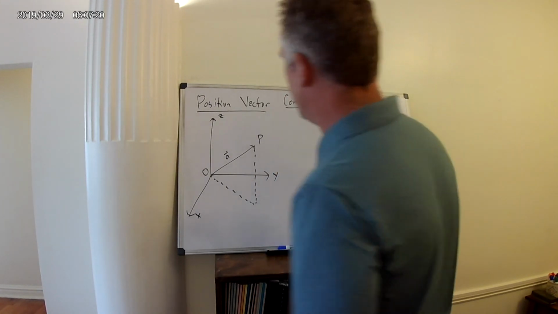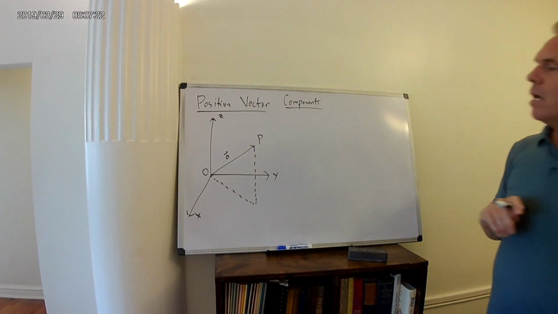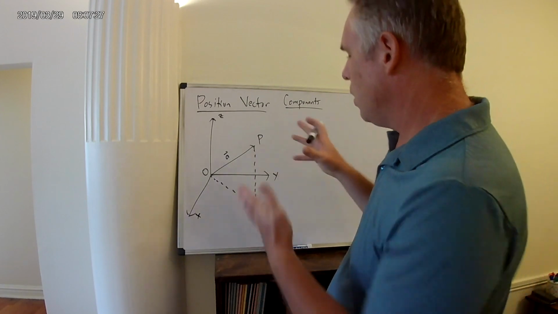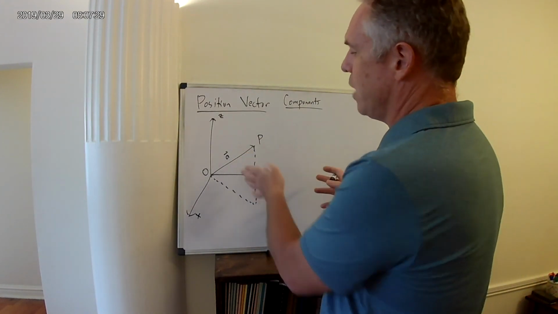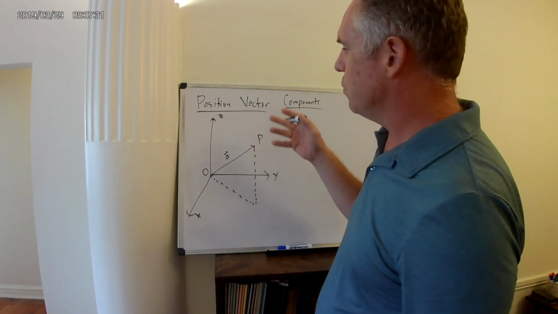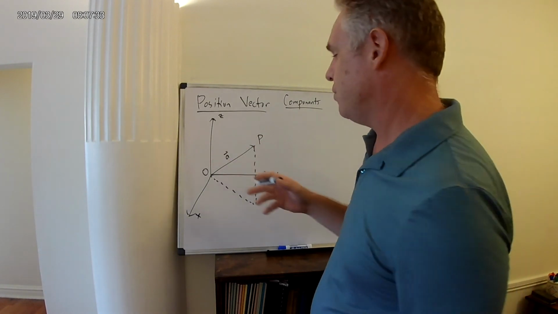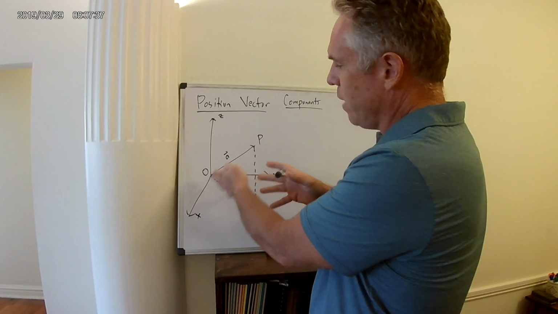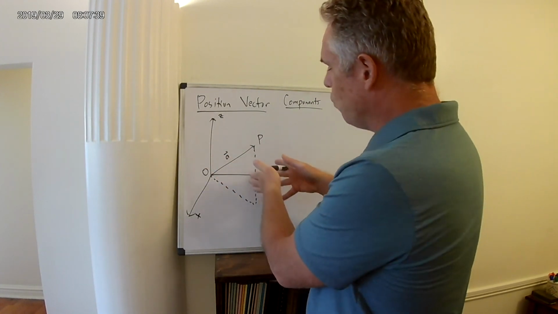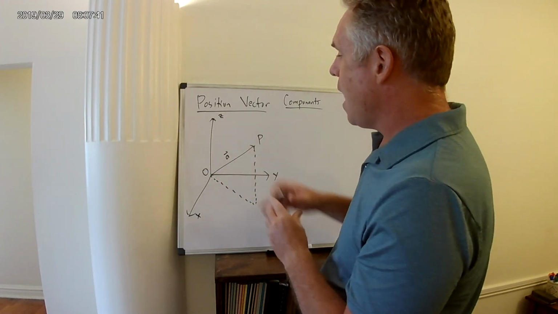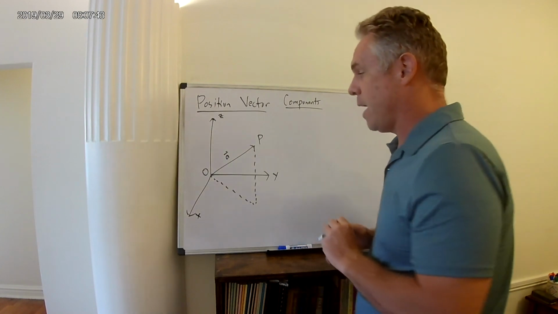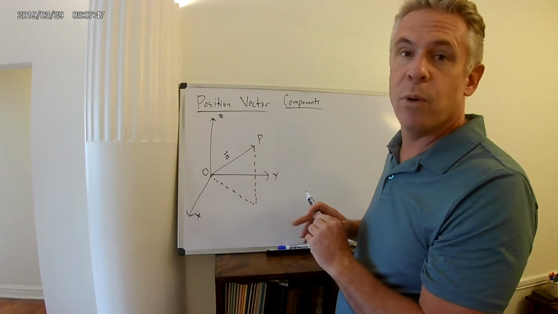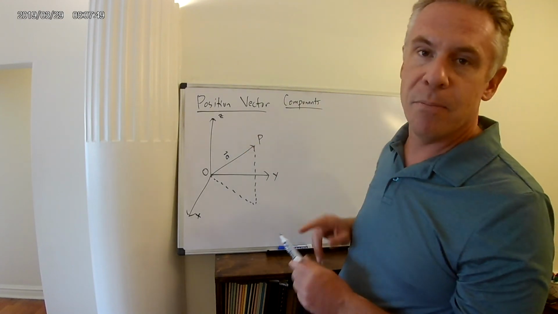So let me talk about vector components. Okay, so another way we can think of a vector is we can break a given vector A into components. And components are basically projections of the vector A onto the 3 respective coordinate axes. So we can think about, how much x-ness do I have in this vector A? How much y-ness do I have in this vector A? How much z-ness do I have in this vector A? For example, if you had a vector that was entirely in the xy plane, there would be no z component to that, right?